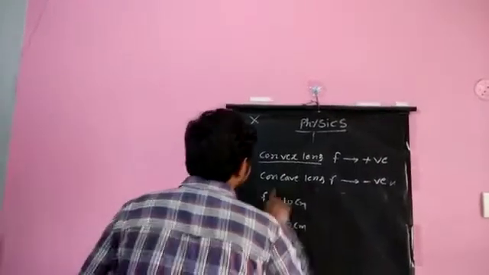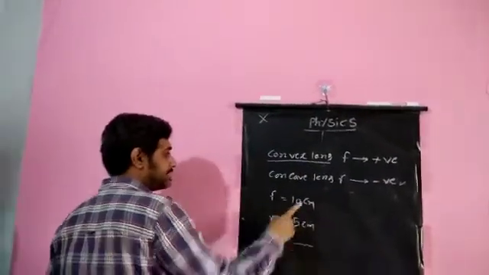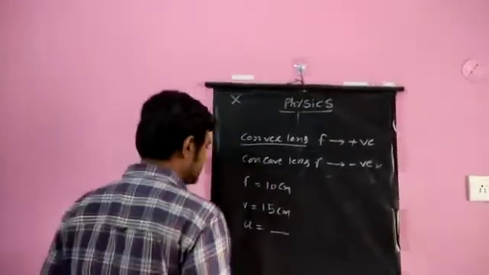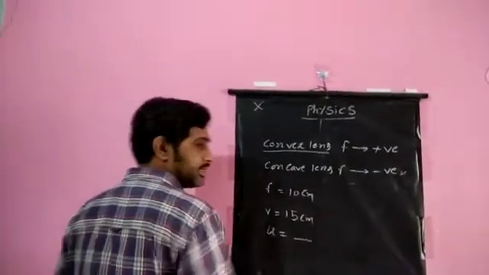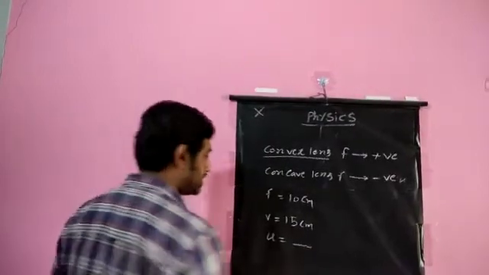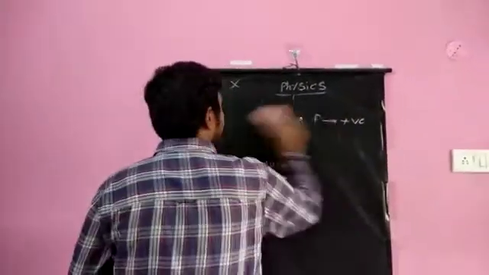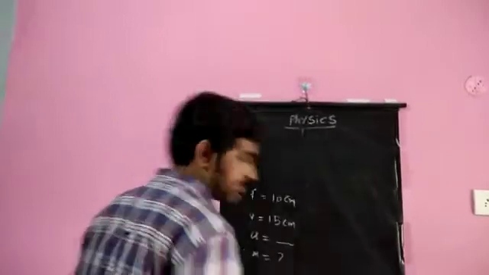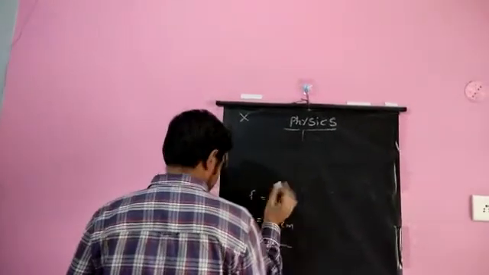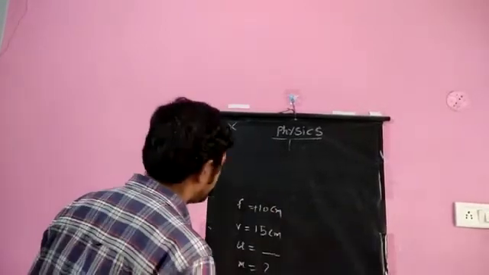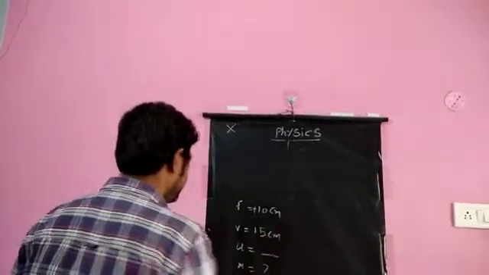So the focal length of the convex lens is given as 10 centimeters. The image is found at a distance of 15 centimeters behind the lens. Determine the position where the object is placed, that is u, and he is also asking us to find the magnification. Since this is a question based on a convex lens, by the sign convention the focal length of the convex lens is positive, so I have to take this as plus 10 centimeters.